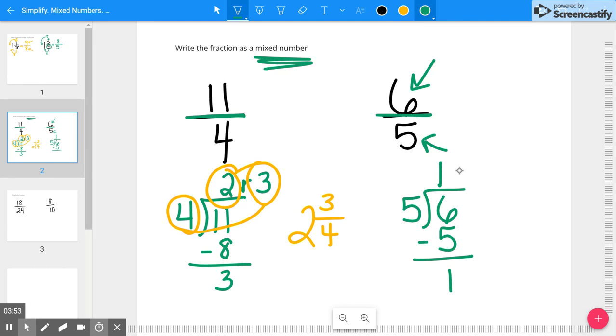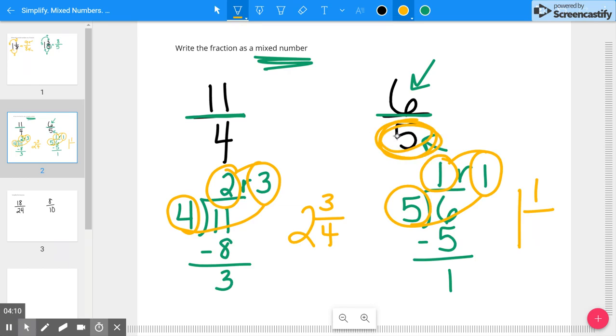Subtract, you get 1. Your remainder is 1. So now to rewrite this, my quotient becomes my whole number. My remainder becomes my numerator, put my fraction line, and then my denominator will stay the same as my original denominator, which was my divisor, and that will be 5. So my mixed number is 1 1/5.